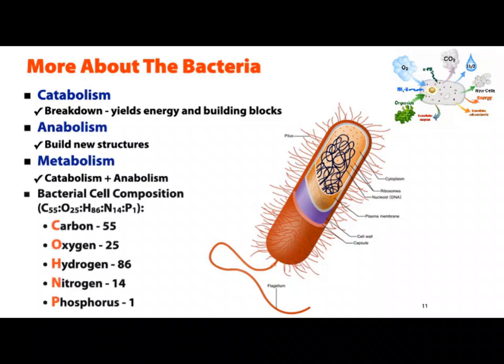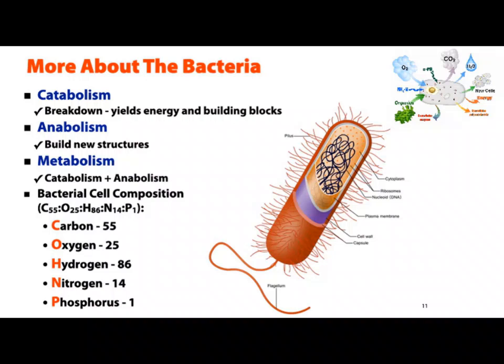All right, a little bit more about the bacteria. Terms: catabolic, anabolic, and metabolic. That's referring to the metabolic scheme of things. Catabolic is when we're breaking things down. Anabolic is when we're building things up. Well, a cell has to do both, right? We talk about our metabolism, but metabolism is the sum of what we're breaking down and what we're building up.